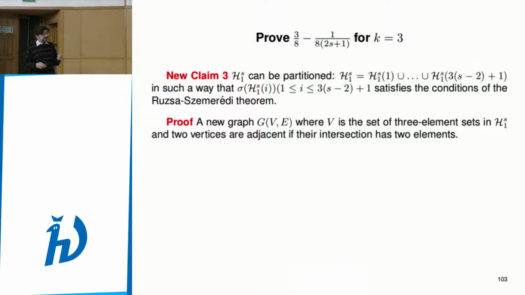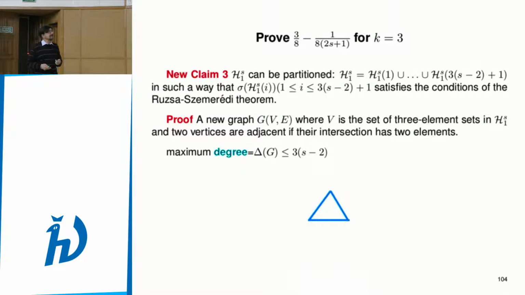And then, what is the maximum degree in this graph? So this is a vertex in this graph, and our question is how many triangles can be adjacent in the graph to this one.